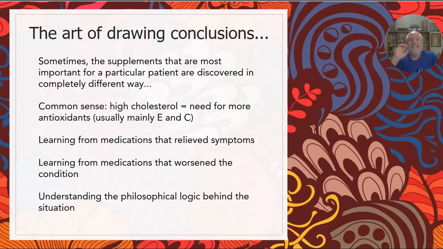And so if oxidation is the secret behind high cholesterol, then antioxidants are usually the legitimate and simple solution, especially vitamin E. That's the main antioxidant for the fatty solutions in our body.